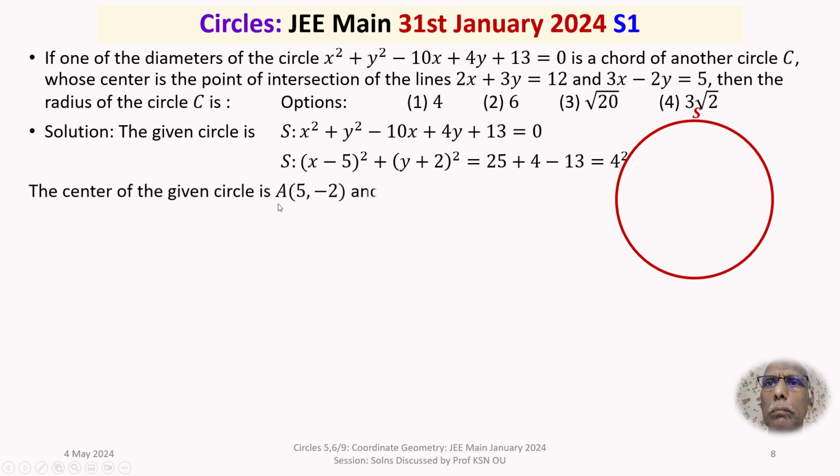So the center of this given circle, let us denote it by capital A with coordinates 5 comma minus 2, and the radius r is equal to 4. So this is your center, the radius is 4, of course.